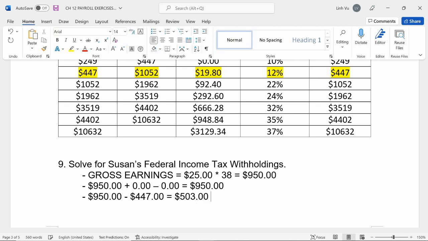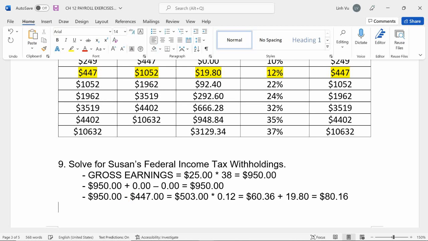And then 12% of that is $60.36. We add that to the basic 19.80 for her total of $80.16 tax withheld.